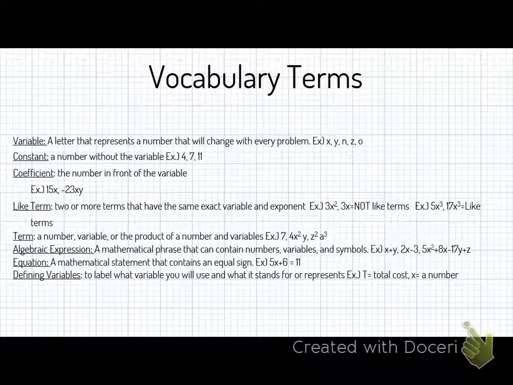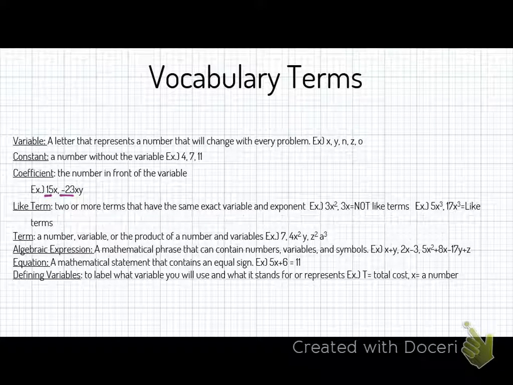It's not like 21 days like wakes up, it's like, I'm tired of being 20. I want to be 19. Can 20 be 19? No. We can't do that, right? It's constant. Coefficient is a number in front of a variable, so example is 15x or negative 23xy. The coefficient is 15 or negative 23 here.